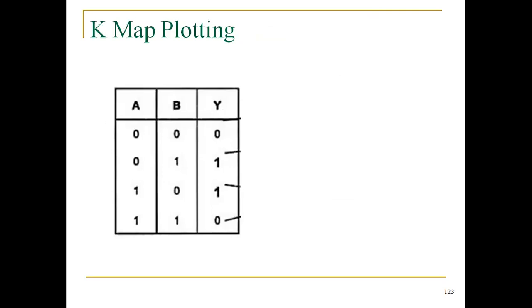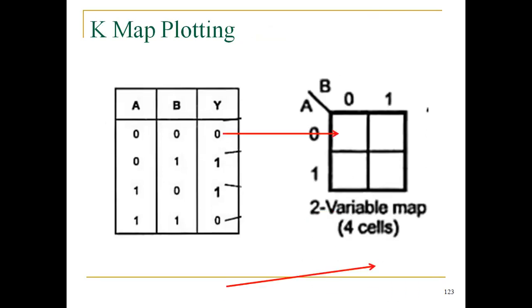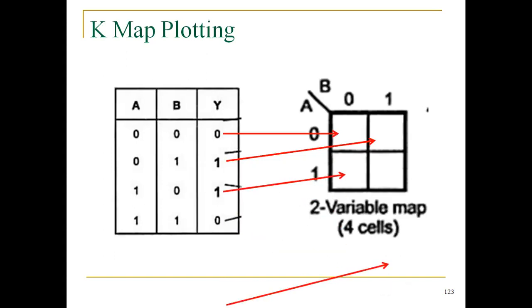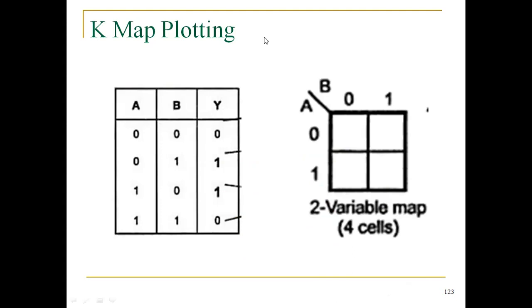Now, how are we going to do the grouping? Before that, how are we going to fill the map? That means based upon the truth table given, or the min terms or max terms given. So here 0 0 means M0 if it is in SOP.